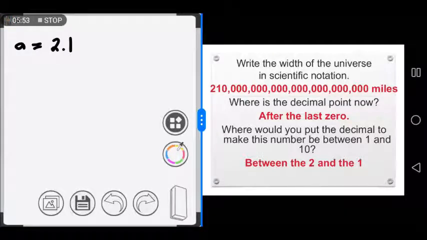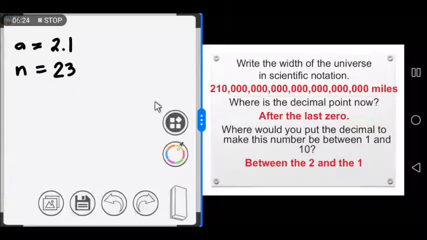Okay? Now, for our exponent n, bibilangin na natin from the very last part papunta doon sa posisyon na nasa pagitan ng 2.1. So, pwede tayong mag-count ng tigta-tatlo para hindi malito. So, we have 3, 6, 9, 12, 15, 18, 21, 23. Okay, so our exponent is 23.